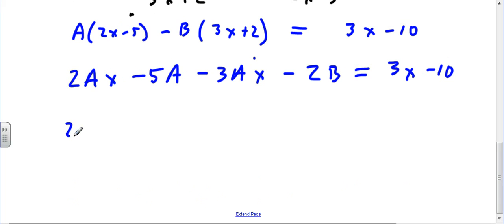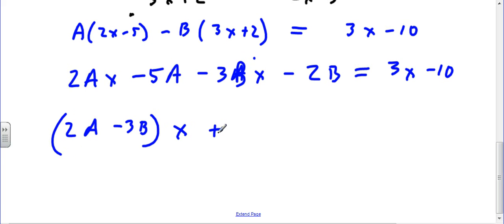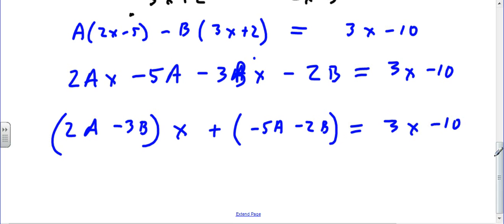I've got 2a minus 3b x plus, or it might be a minus, I'm not sure, minus 5a minus 2b has to equal 3x minus 10.